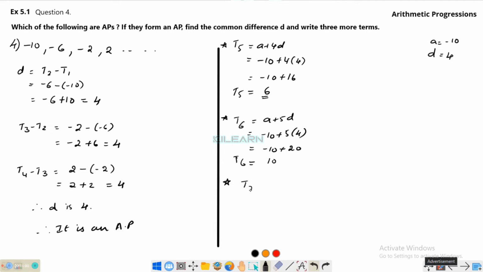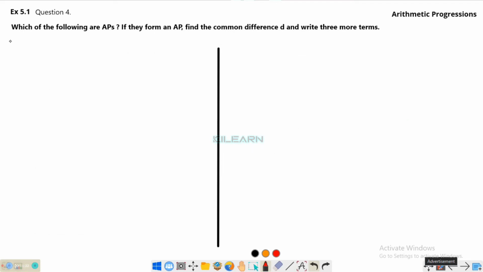Then T7, A plus 6D, minus 10 plus 6 into 4, 6 4s are 24, which gives us 14. So T7 is equal to 14. The 3 terms are 6, 10 and 14.